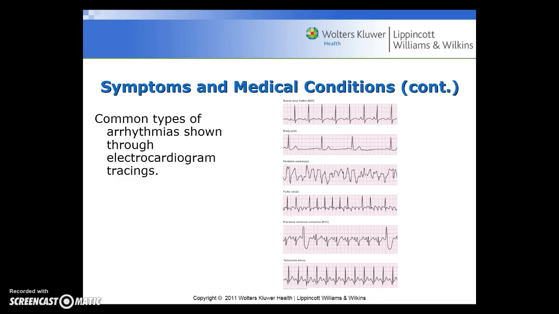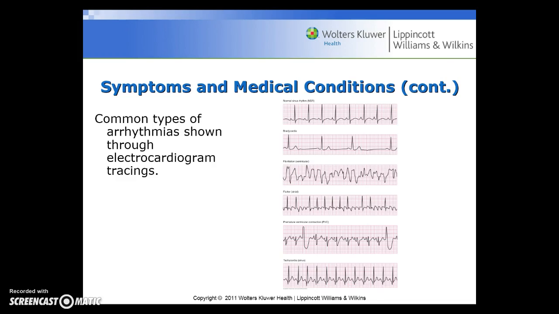At the top is a normal sinus rhythm. Underneath that is bradycardia, a slow heart rate. Underneath that is fibrillation, ventricular fibrillation, which is rapid, irregular muscular contractions of the ventricles.